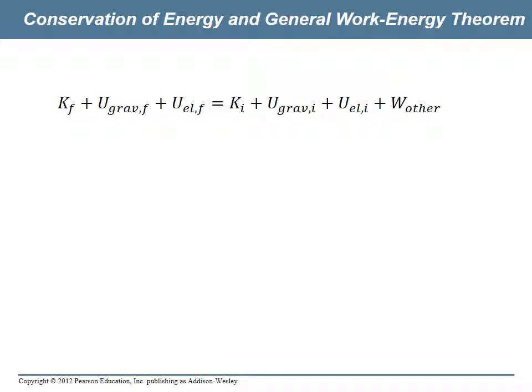Maybe the work done by friction, right? So this just says, are all of our energies in the final equal to all of our initial energies, and then whatever work was done. This could be a positive work or a negative work.